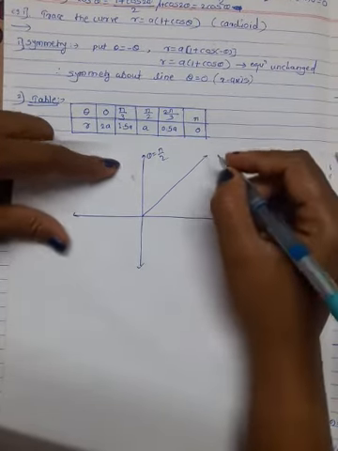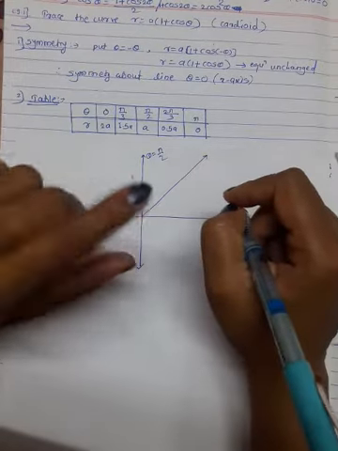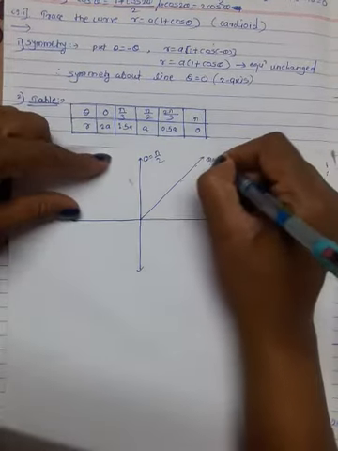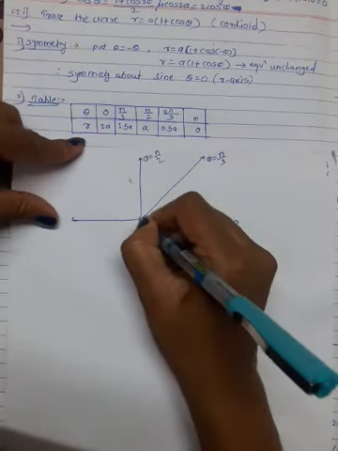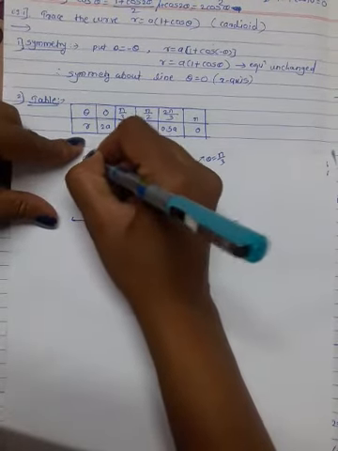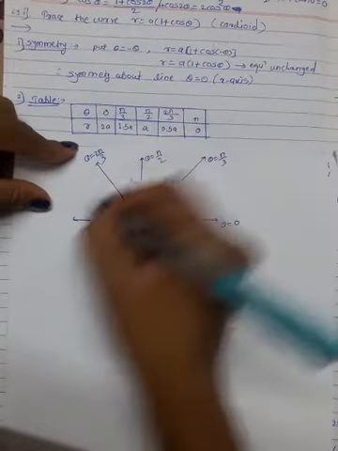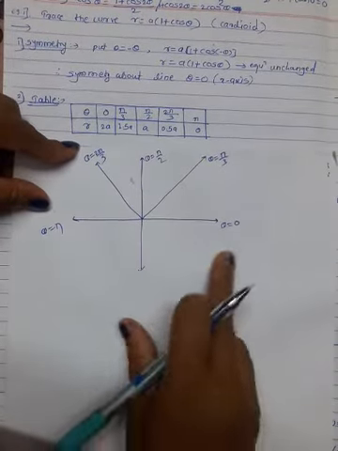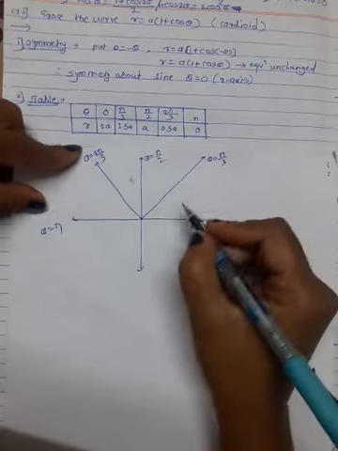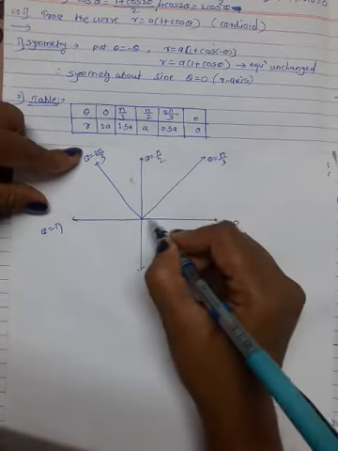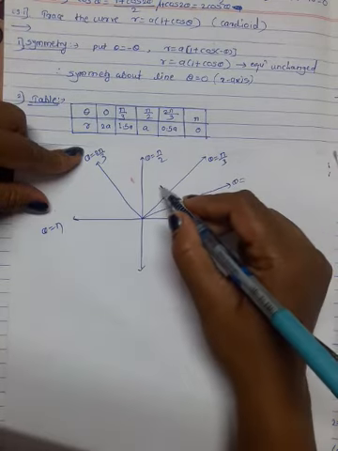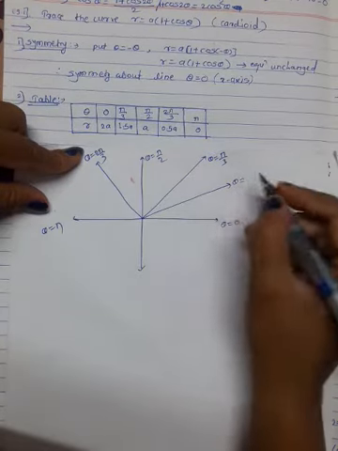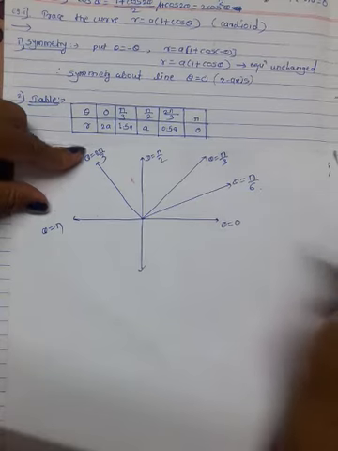Make sure you use all the scales and that triangle. Theta is equal to pi by 3. Theta is equal to pi by 2. 2 pi by 3 is 120 degree. And pi degree is this. Make sure you write all this. You can take one more angle here, theta equal to 30 degree, that is pi by 6.